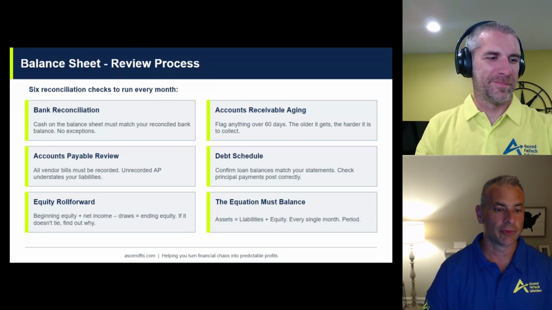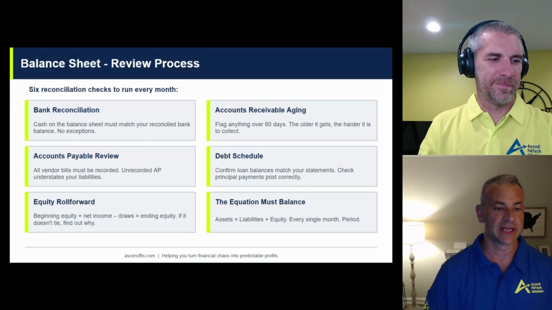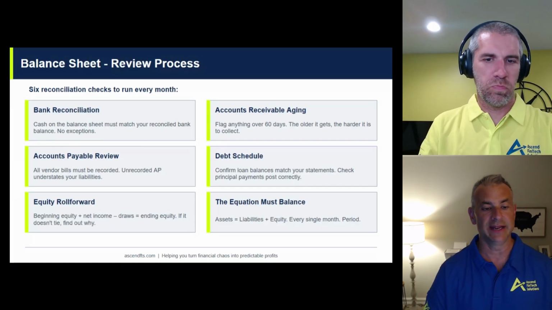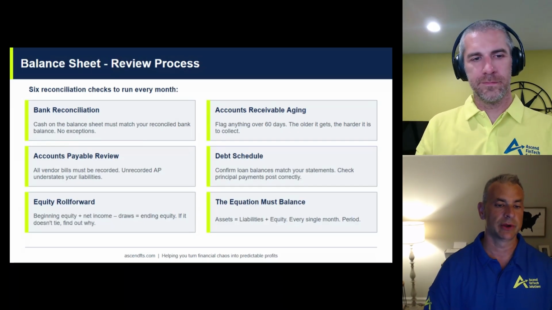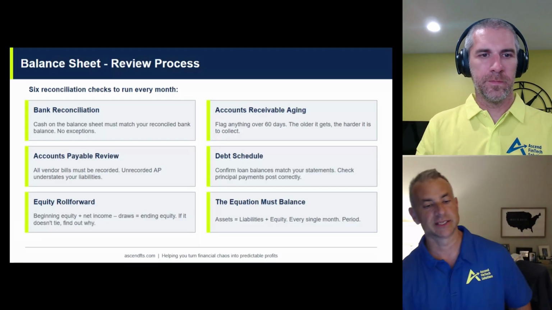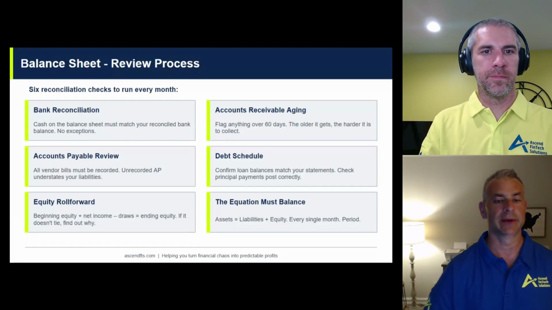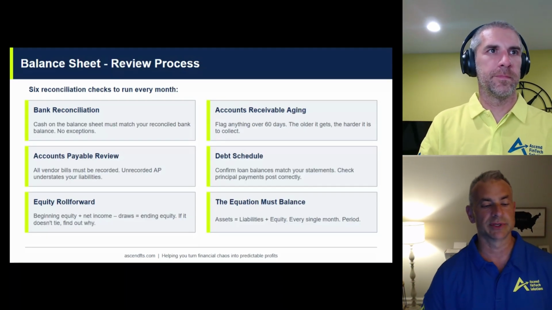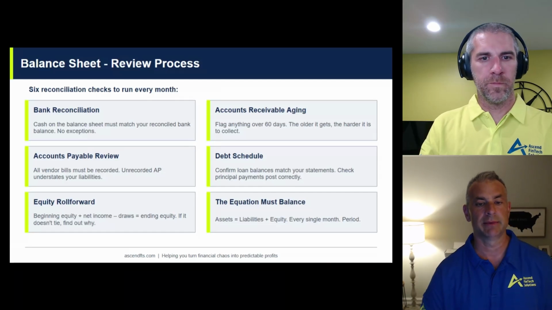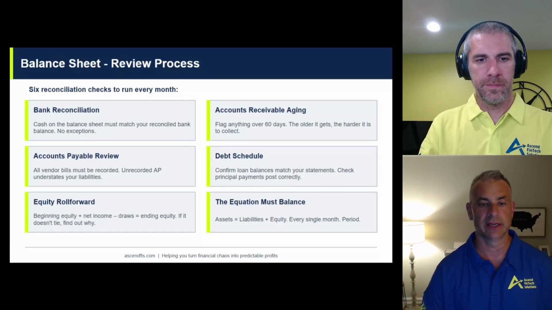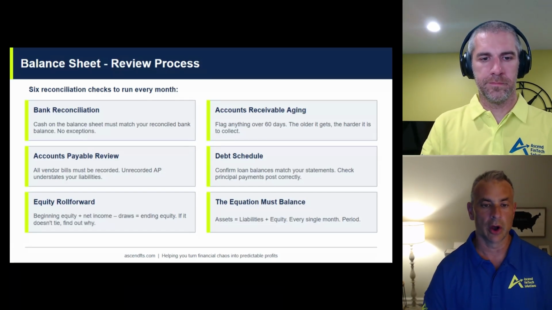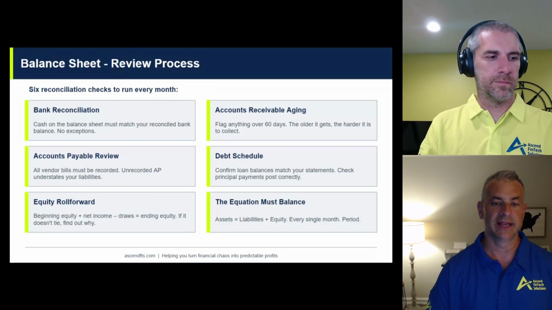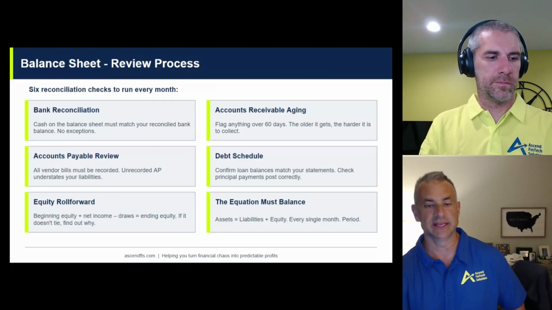Then the equity roll forward, looking at, like I said, the beginning equity, and the net income from your income statement will show there. It's part of the equation to get to ending equity. Accounts receivable is very similar to accounts payable. You want to look at all of your open invoices, especially anything over 60 days.